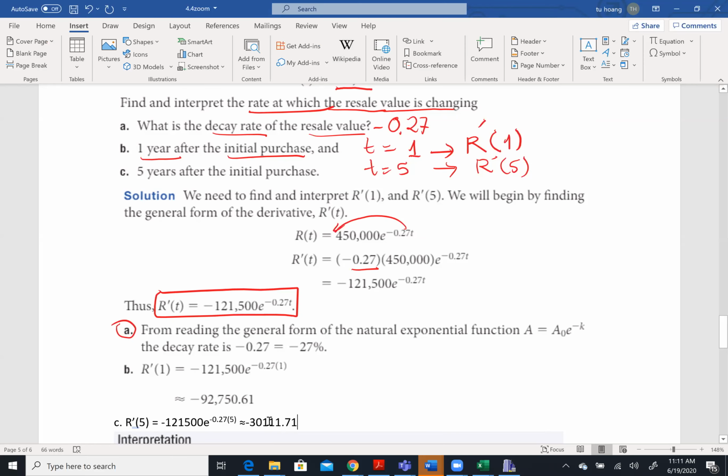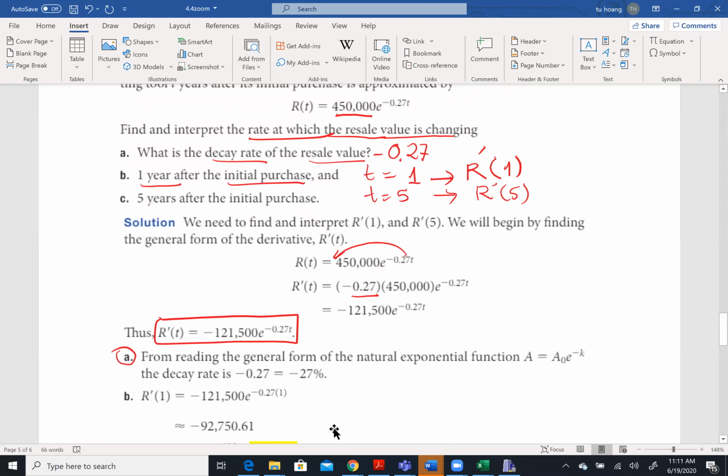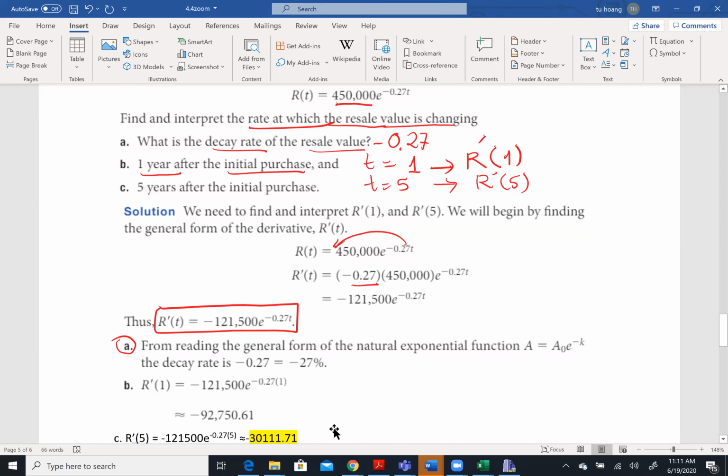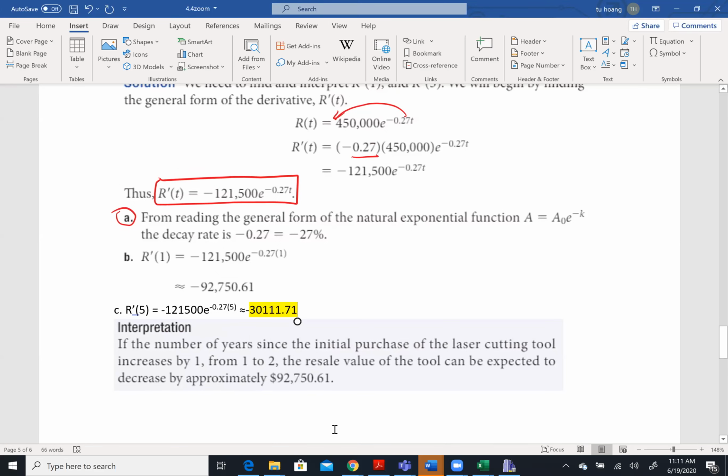the derivative of R at t equal to 5. So when you want to interpret this answer, okay, you can say that for the B, I should have B first.